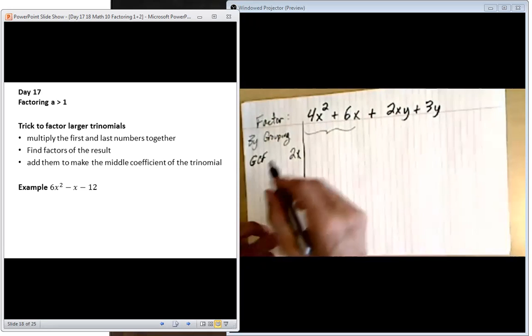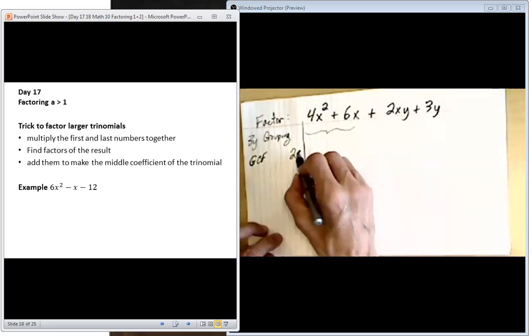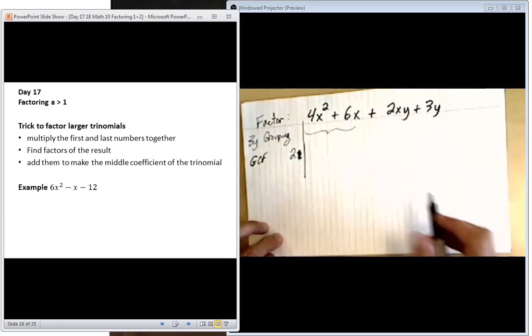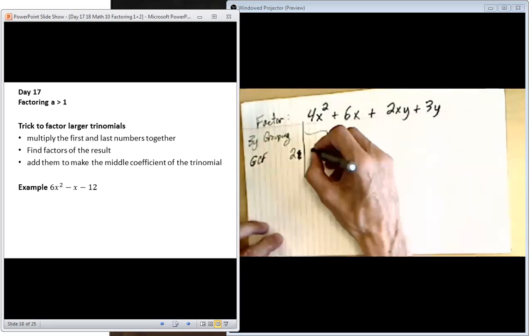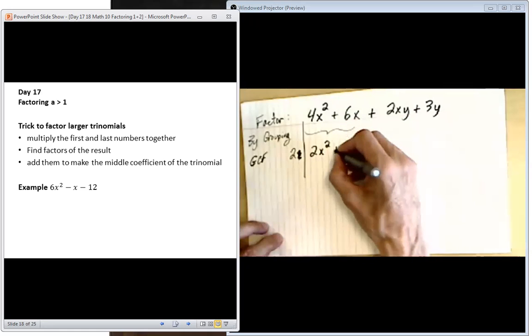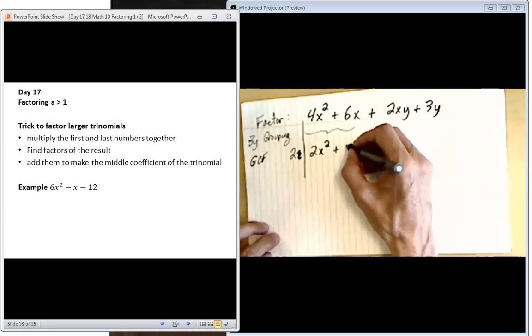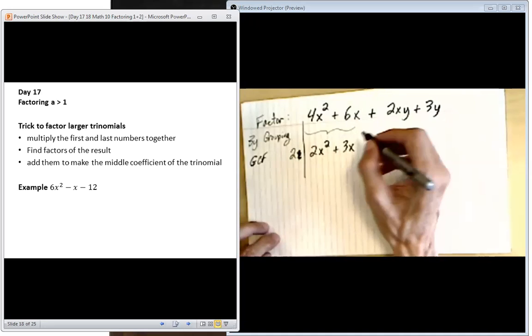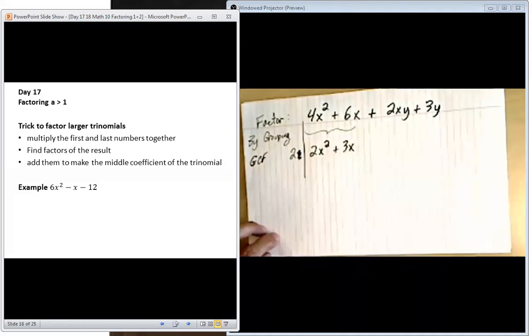We'll do it the old way. 2 goes into both, right? Okay, what are you left with? 2x squared. Yeah, plus 3x, right? Yeah, super. It's good. Keep going. What do you got?